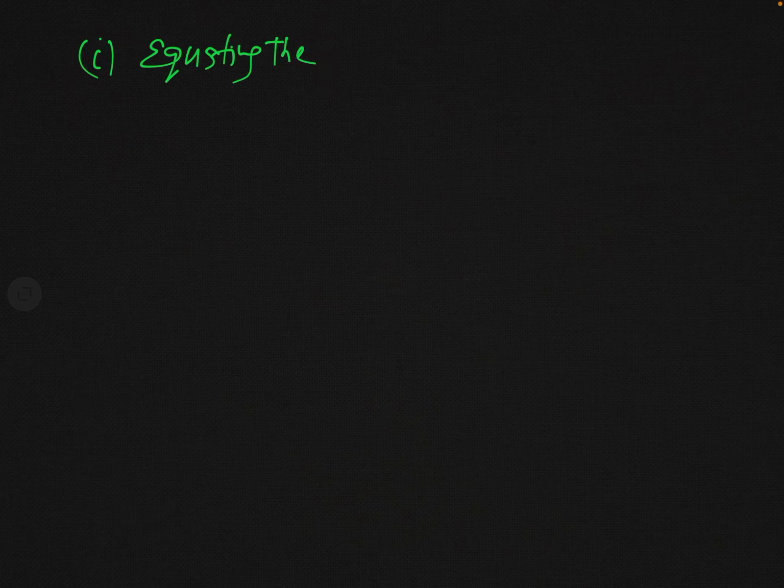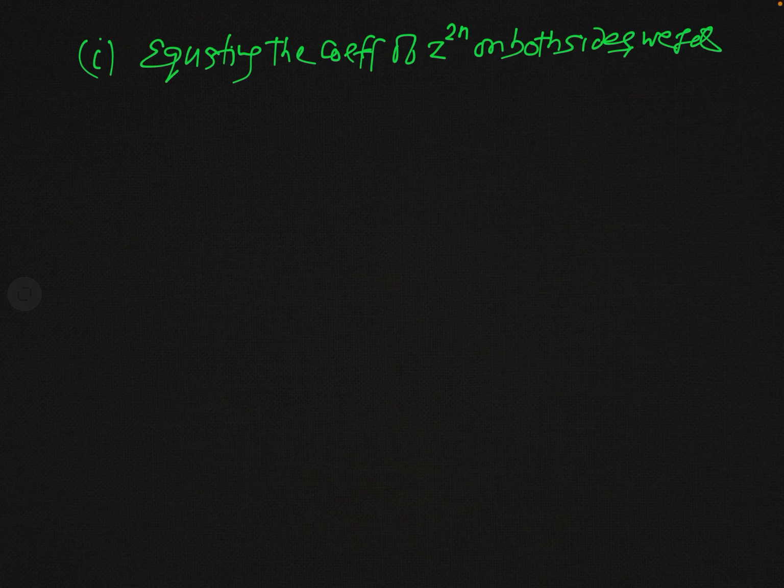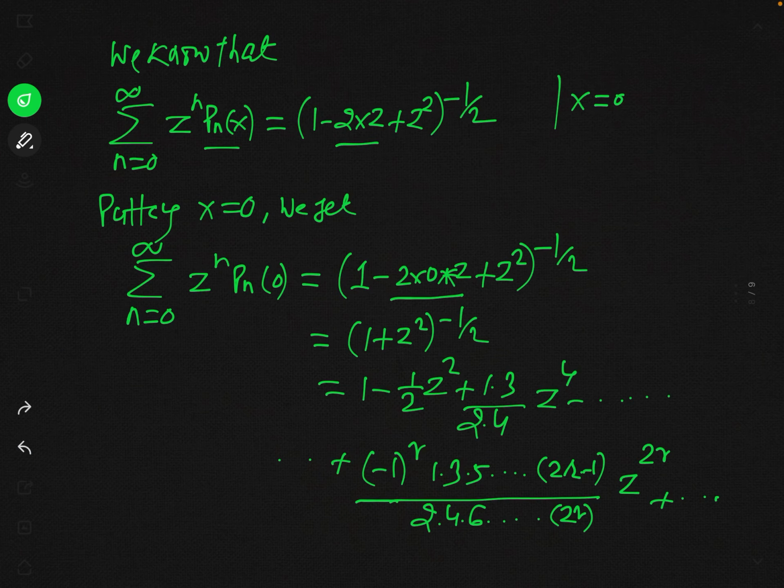So now we will equate the coefficient of z to the power 2n on both sides of the above equation, so that P2n will be obtained.